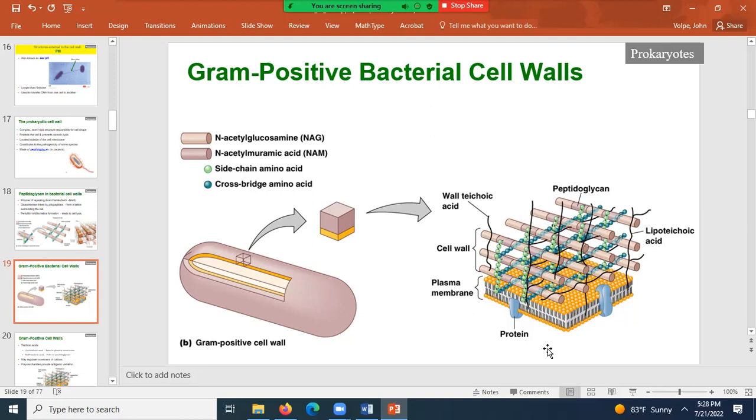There are some other molecules in the gram-positive bacterial cell, mainly teichoic acid, running this way, which kind of just helps to hold the peptidoglycan together. And then there's lipoteichoic acid, which is teichoic acid with a lipid on it.